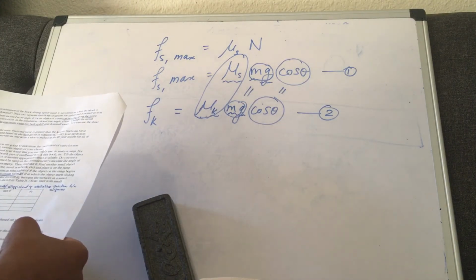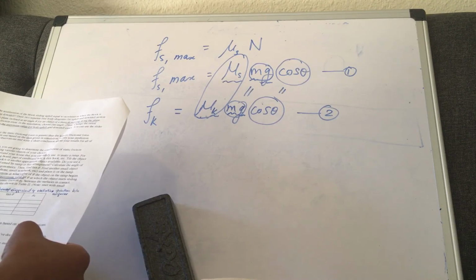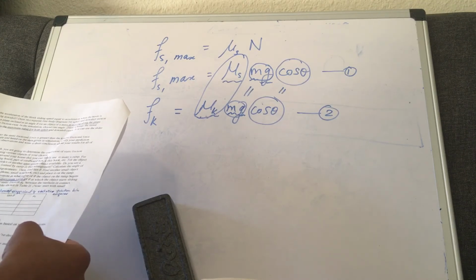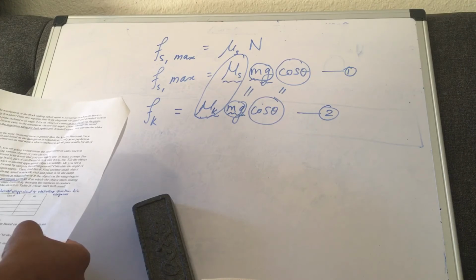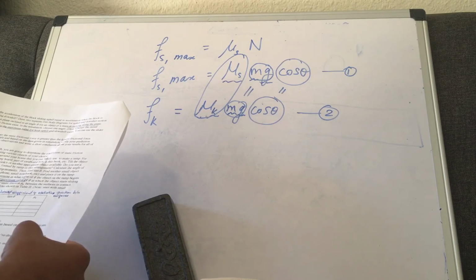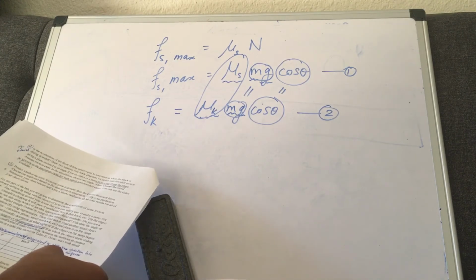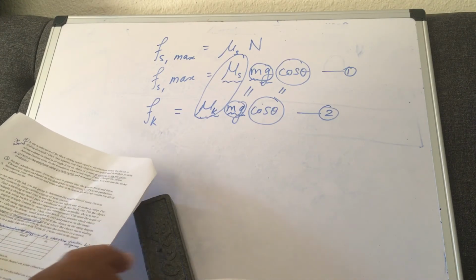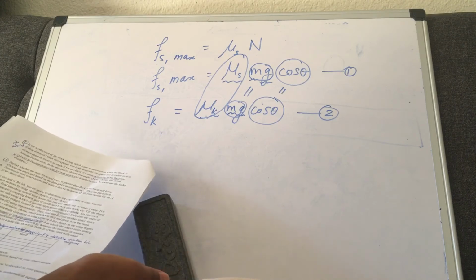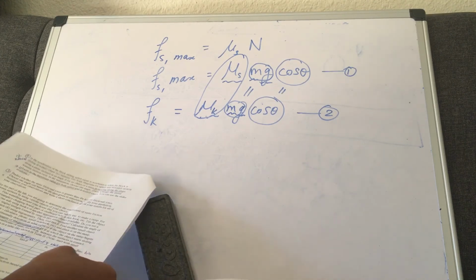Okay, for number 7, determining the coefficient of static friction between the surfaces. This is where you have to build your own ramp. Again, use a chopping board or part of a cardboard box or thin books, etc. Tilt the object.